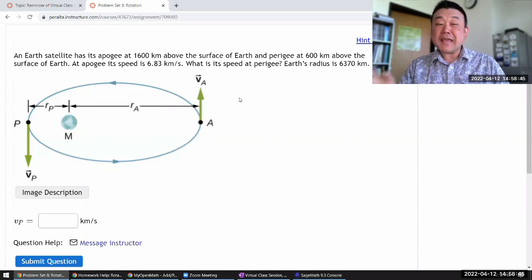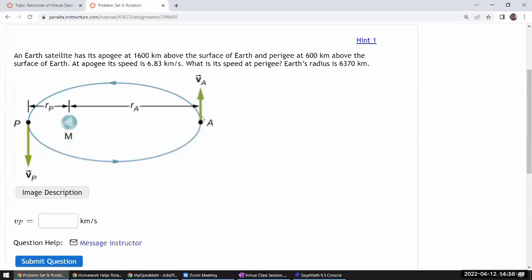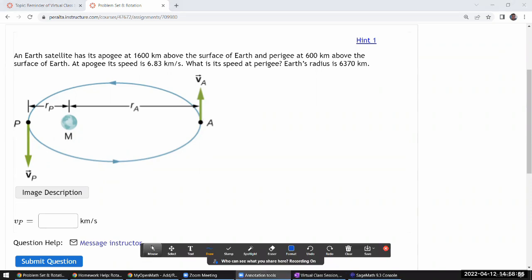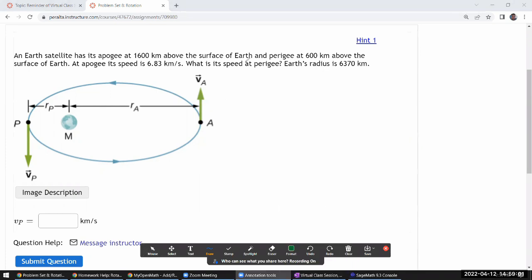So it says an Earth satellite has apogee, that's this point A, at 1600 kilometers above the surface of Earth. The way it's giving these numbers, if we are measuring from the center of the Earth, this is supposed to be the distance above the surface of the Earth plus the radius of Earth.